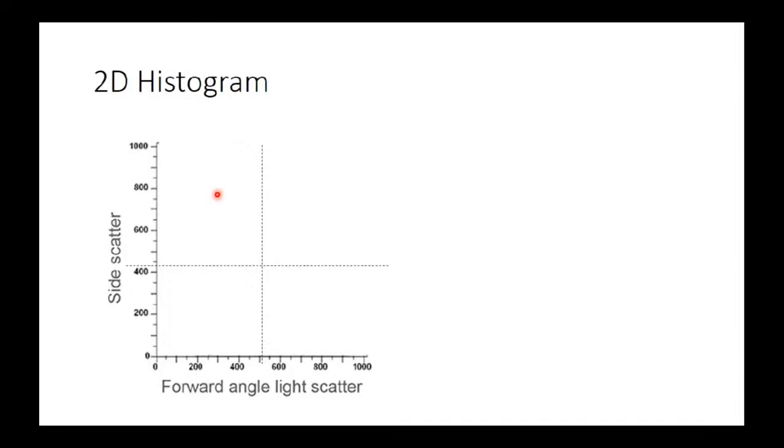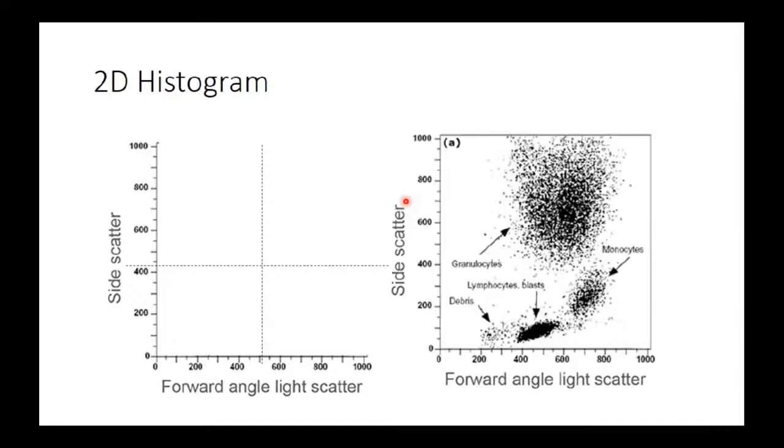So if the cell appears, for example, in this quadrant, it means that the cell is small and simple. If the cell appears here, it means that the cell is small but complex. Here, it means that the cell is big and complex, and here, it means that the cell is big but simple. I will give you a very good example of this: an example about the analysis of a sample of white blood cells.